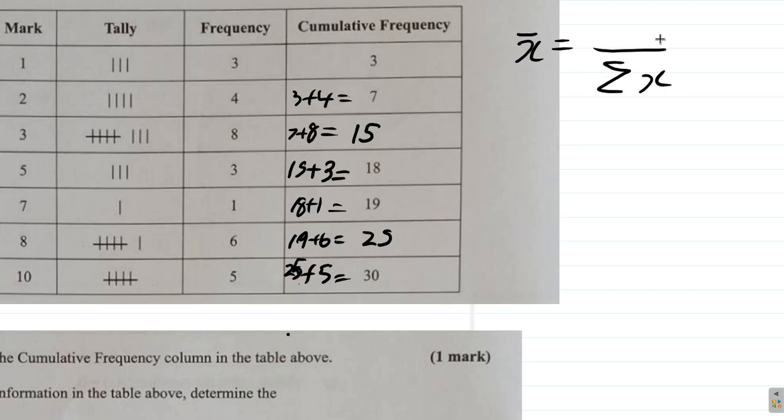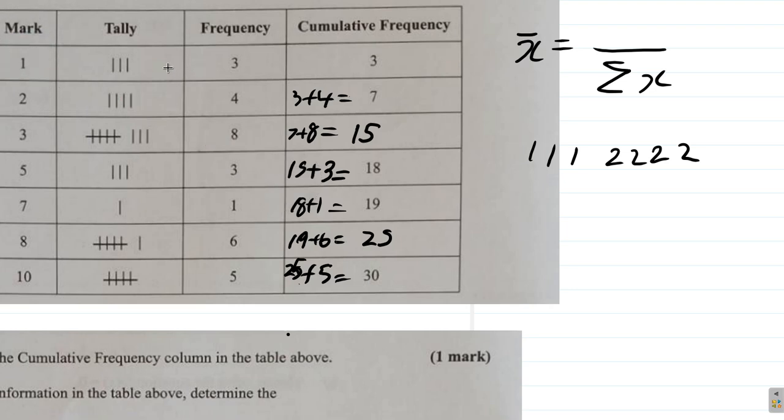What is that something up top? You see the 1, 1, 1, and then the 2, 2, 2, 2, and so on. You don't have to say 1 plus 1 plus 1, just multiply 1 by 3. You don't have to say 2 plus 2 plus 2 plus 2. Just say 2 by 4.